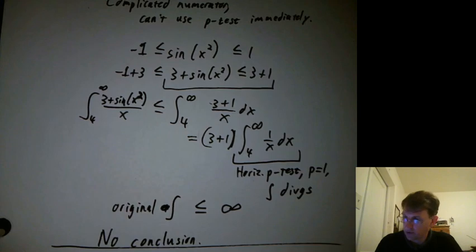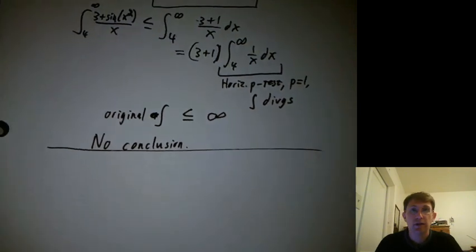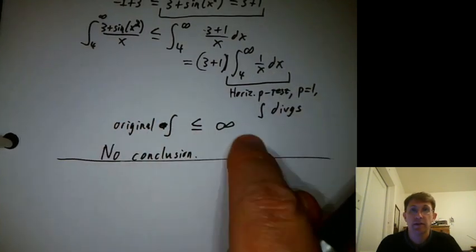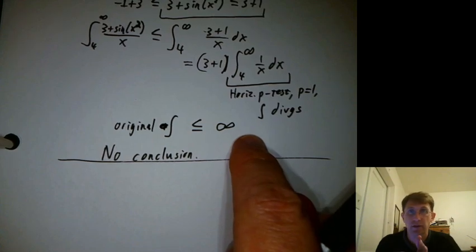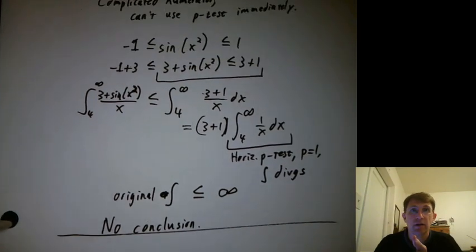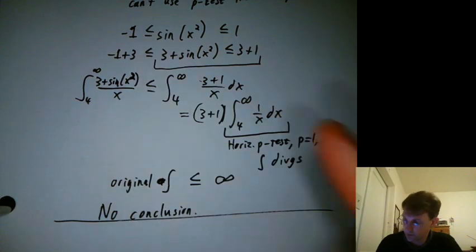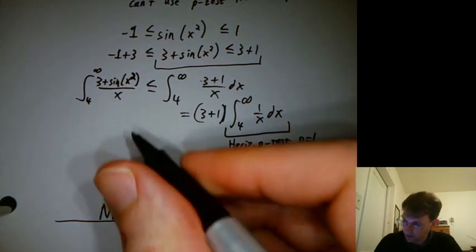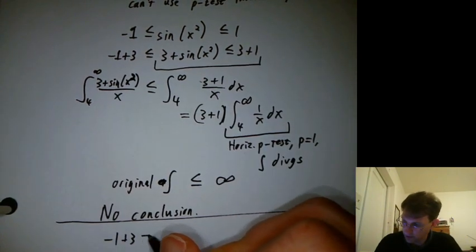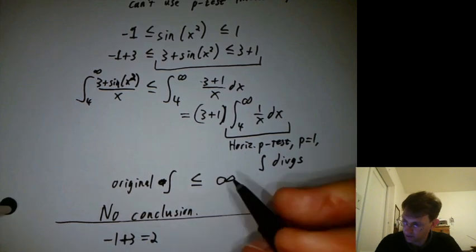Well, what else can we do? Well, we just said our original integral is less than a divergent integral, which doesn't help us. Can we go with the other branch over here and say that -1 plus 3 equals 2? I think that's not controversial.